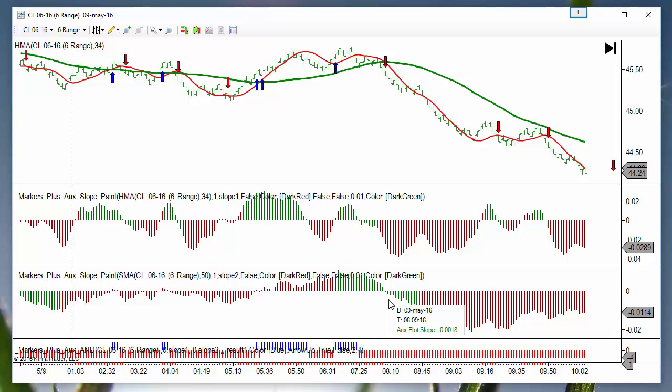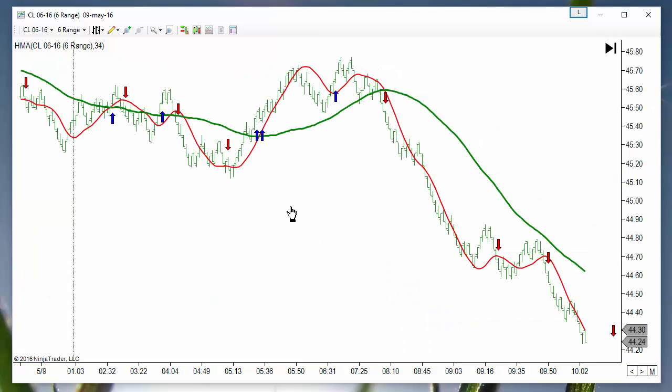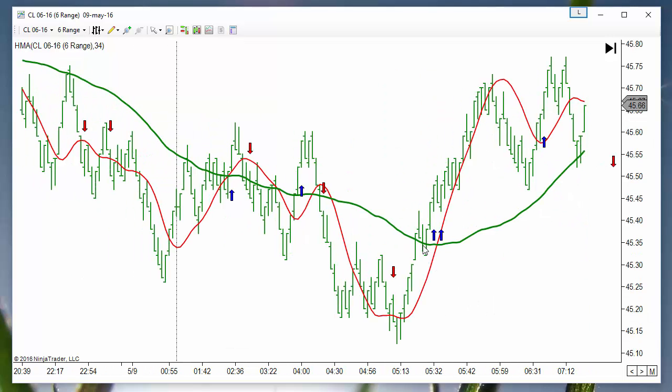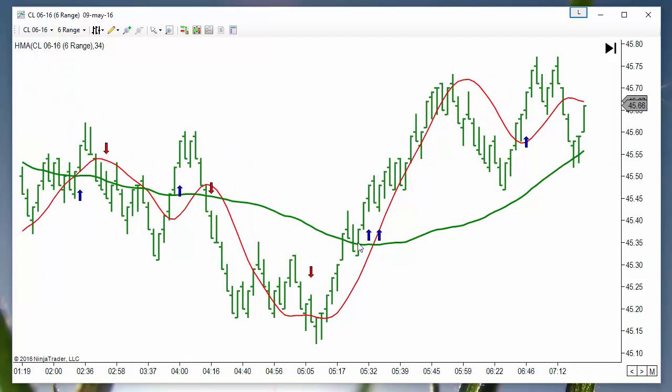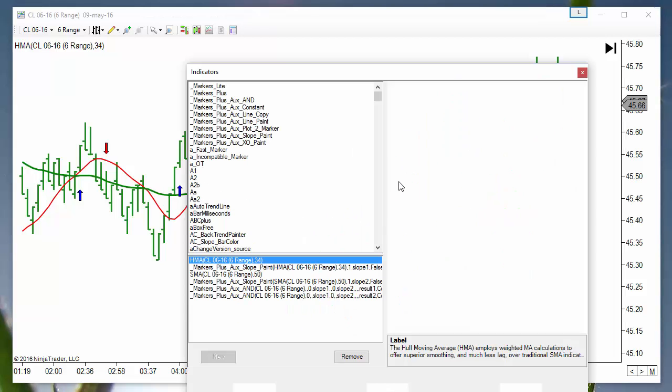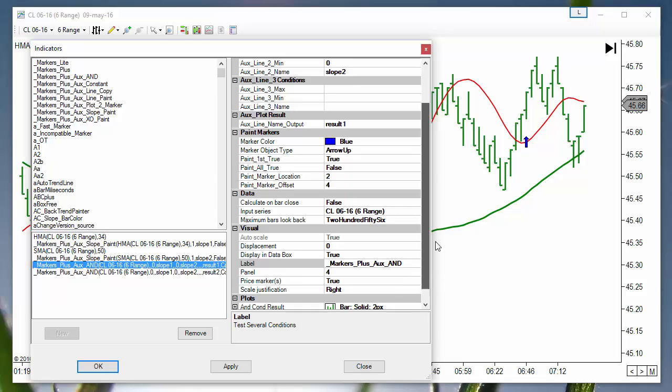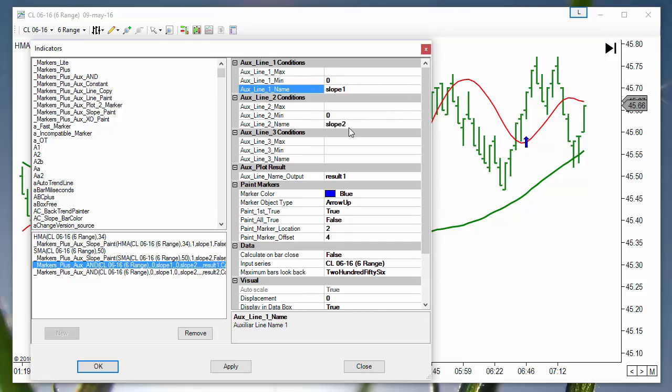We are talking about values of 0.001, so we can use a number in that range as the threshold. For example, on this section we have the green line going from positive to negative slope. So on the AND function, instead of using a 0 as limit, we can put a threshold.